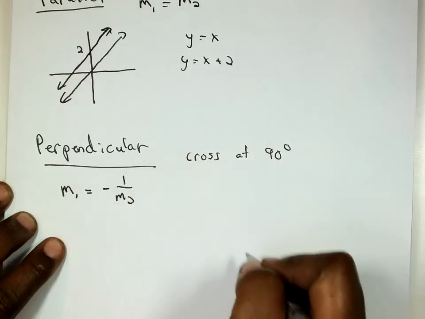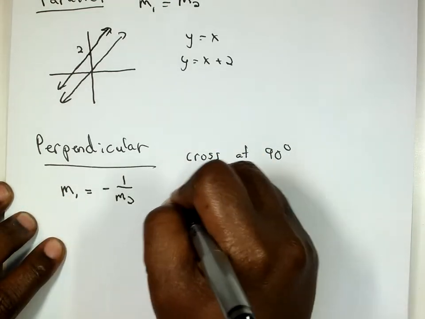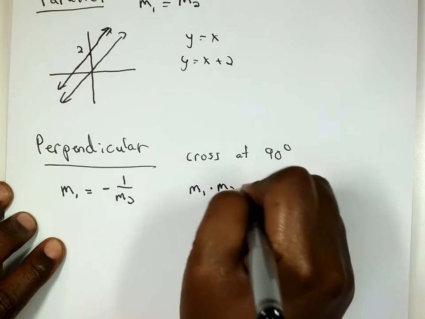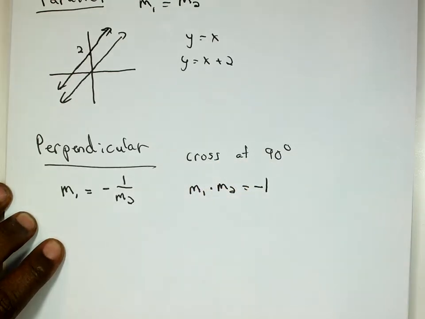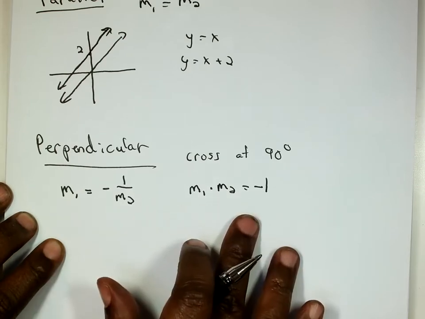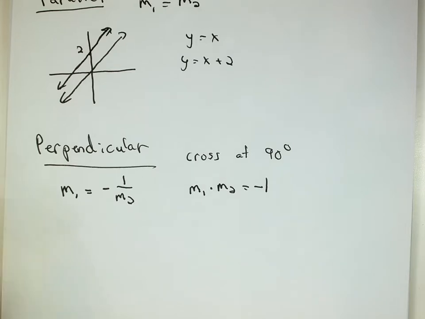But if you just multiplied both sides by m2, another version of this would be m1 times m2 equals negative 1. The only exception for seeing if these are perpendicular is if I had a horizontal and a vertical line, because then I'd be multiplying 0 by undefined, which you can't really do.